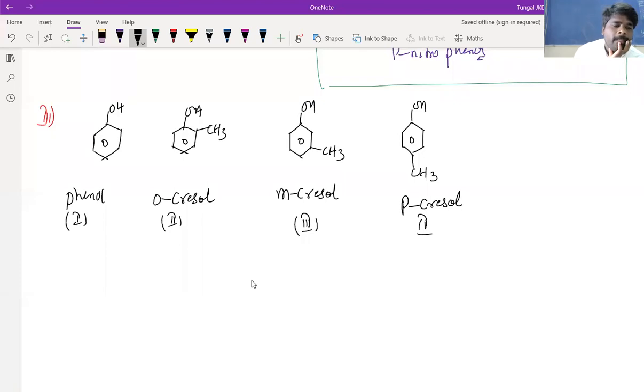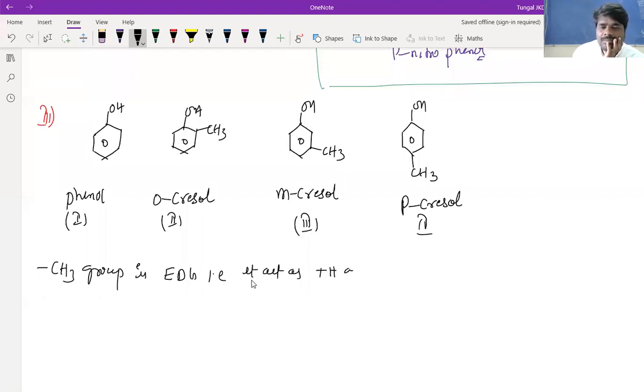Here CH3 group is an electron donating group. That is, it acts as plus H as well as plus I. Here also, what is the important thing?